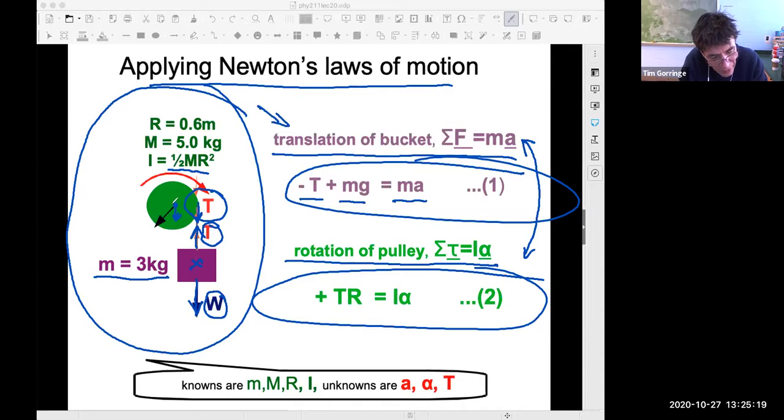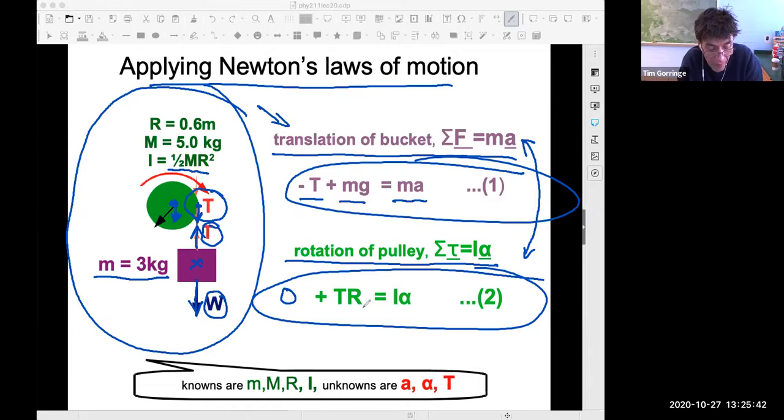As I said, in principle there's one force, the weight, that acts on the pulley, but it acts at the center, and so the weight creates no torque. So I could have written a 0 here. But then there's the tension in the rope that does create a torque because it's exerted at the circumference of the pulley, a distance r from the axis of rotation.